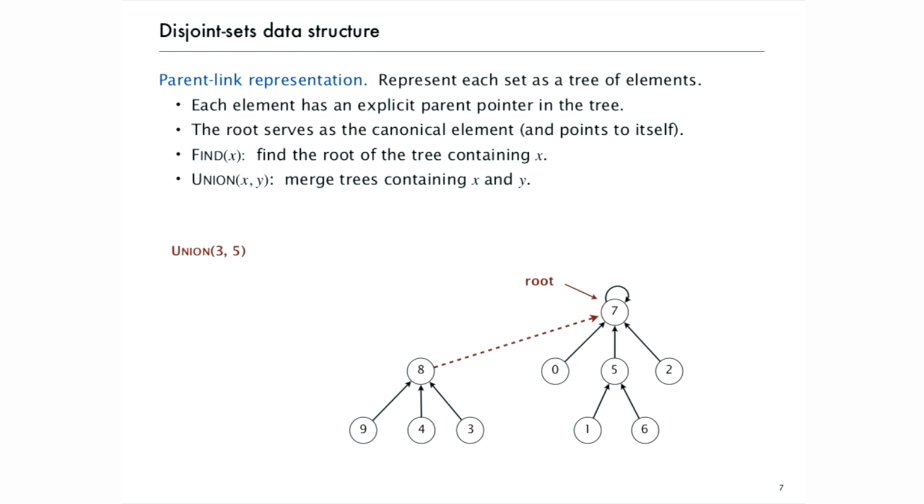What should I do? I should just make one guy point to the other guy, and that's it. So I just take the root of one and make it point to the root of the other, arbitrarily. This is what I mean by naive implementation. I don't care. All good? So if it is a tree, this is what you do. See? This is so easy on slides. Otherwise I have to draw them.